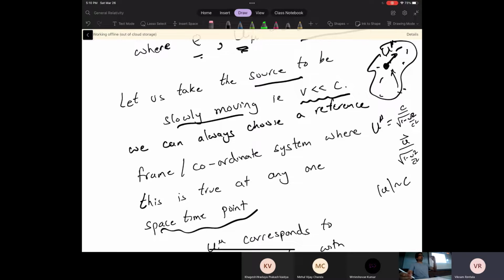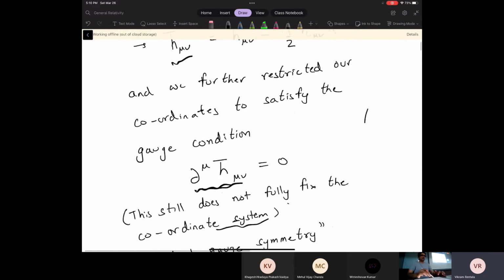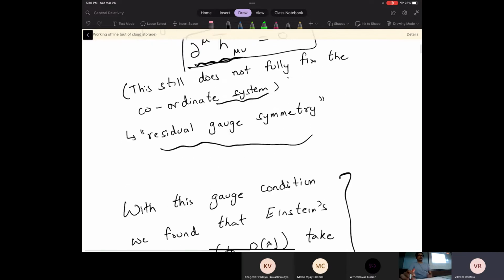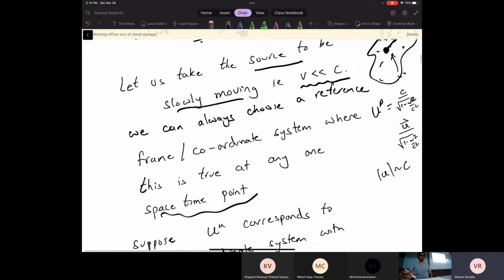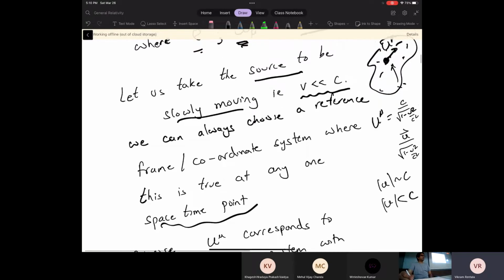I'm going to claim that I can use my residual gauge freedom, whatever freedom I have to choose my coordinate system which is not fully fixed by this condition, to go to a coordinate system in which mod u is less than c. But I can only do this at this point. I can't guarantee this at other space-time points.